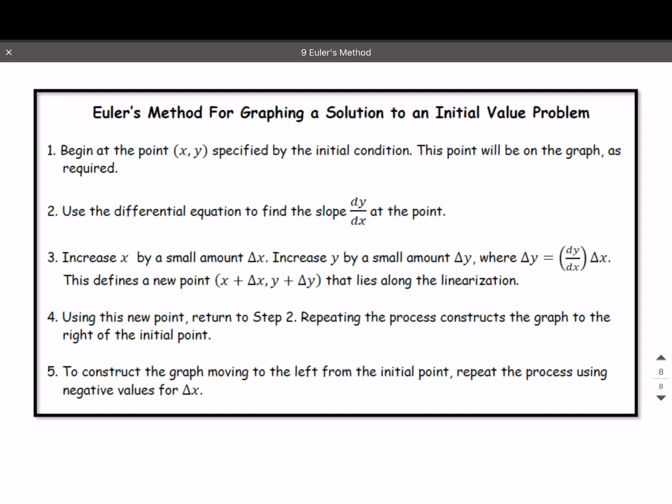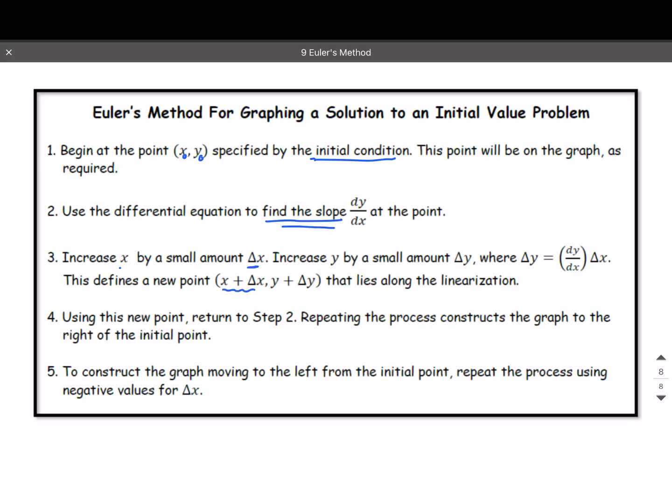Now here I have a summary of what we do to actually use Euler's method. You begin at x naught, y naught, specified by your initial condition, okay? Use the differential equation to find the slope at that point. You're going to find the new x by adding delta x. So we take the x and we add delta x.